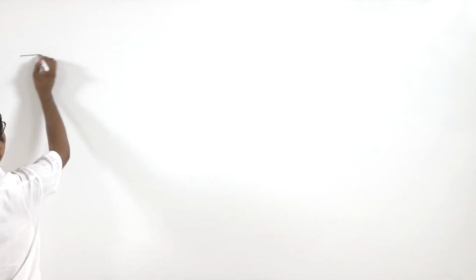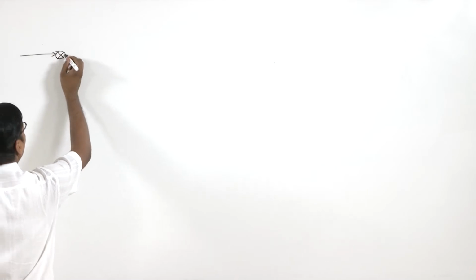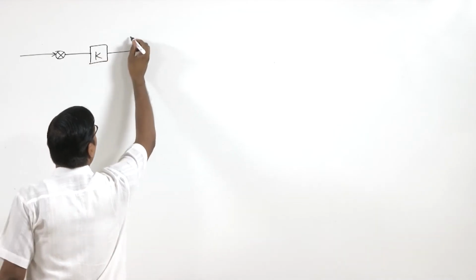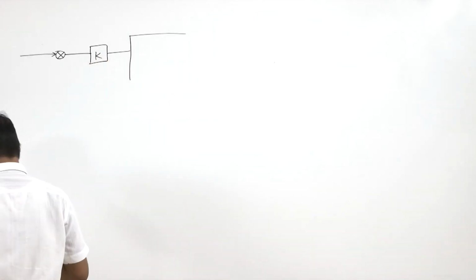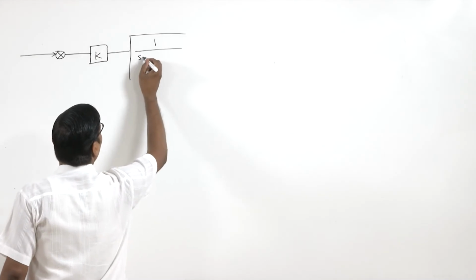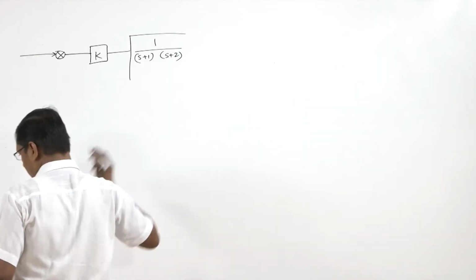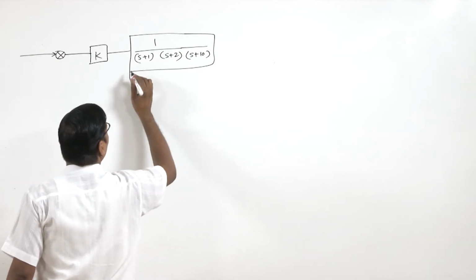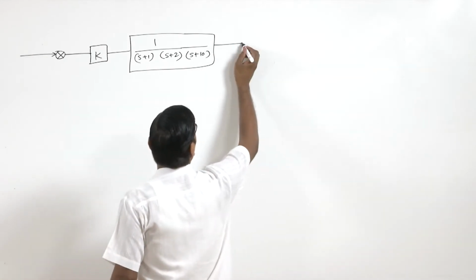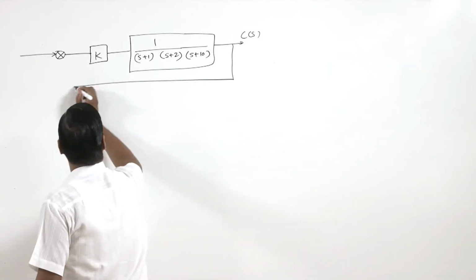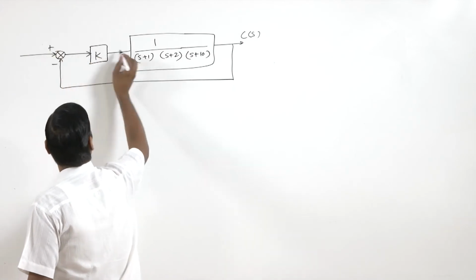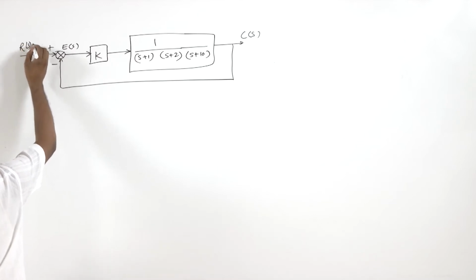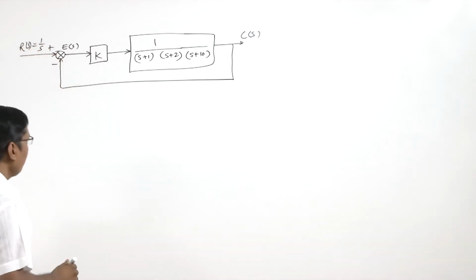So we have this system. Here is the gain K. Here we are giving the step input.